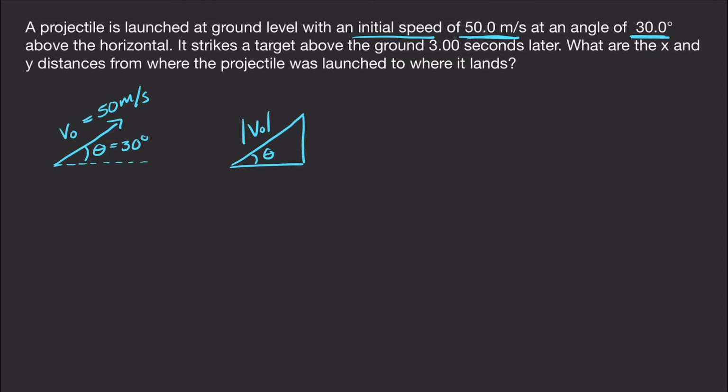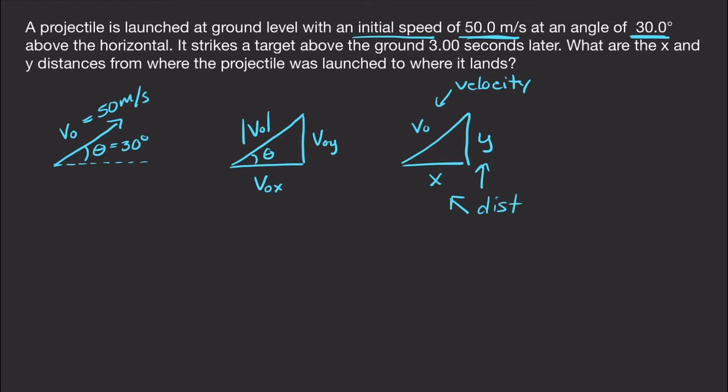The vertical leg will be my y component of initial velocity, and the horizontal leg will be my x component of initial velocity. Okay, it's really important not to write x and y as your legs, because this is a velocity and these must also be velocities, so these are distances.